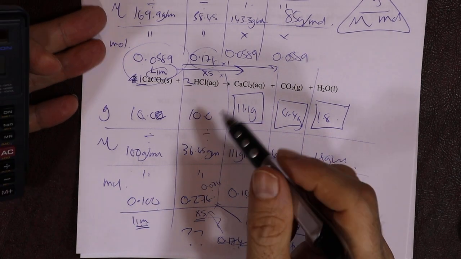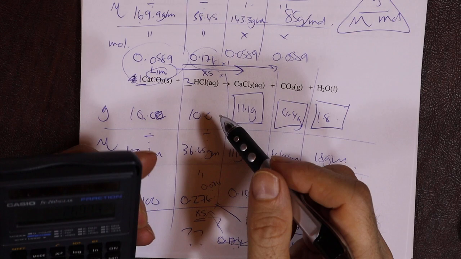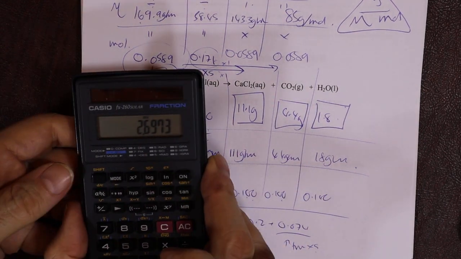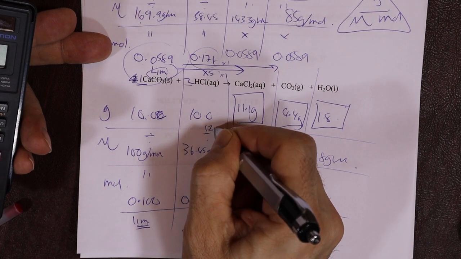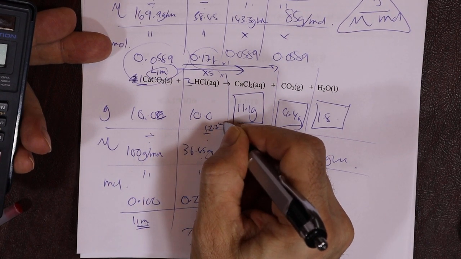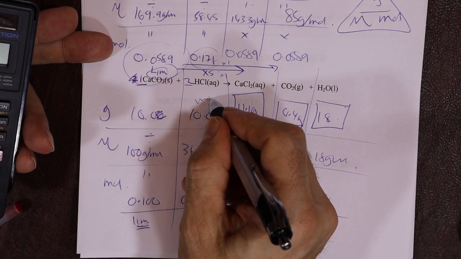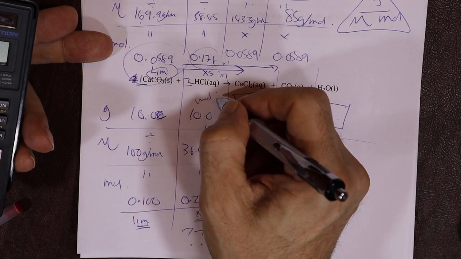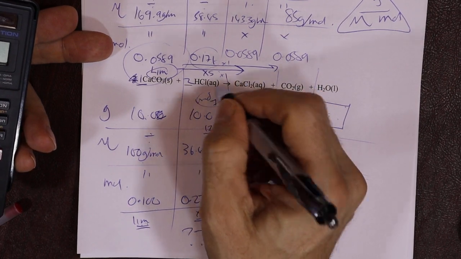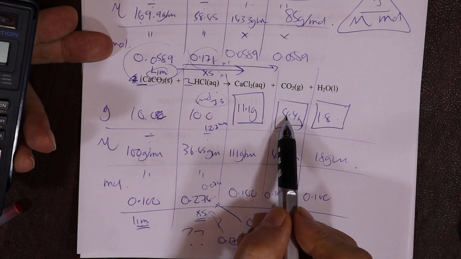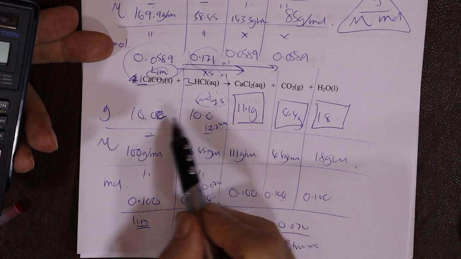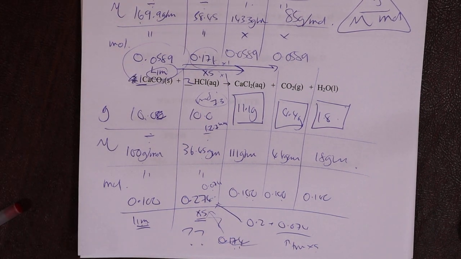So there's actually, if I show you the calculator, approximately 2.7 grams unused. So I really used, take away 2.7, 7.3. So I really used 7.3. So 7.3 and 10 is 17. So 17 and 17.